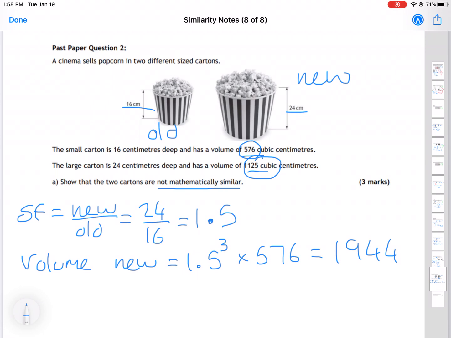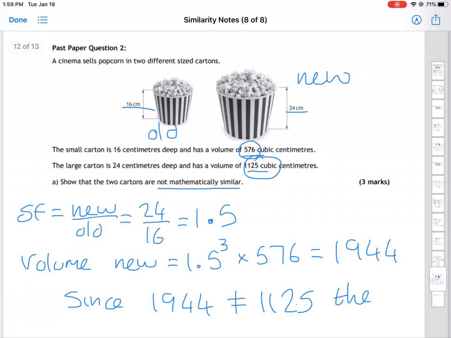So, to show that these are not similar, since 1944 does not equal 1125, the cartons are not mathematically similar.